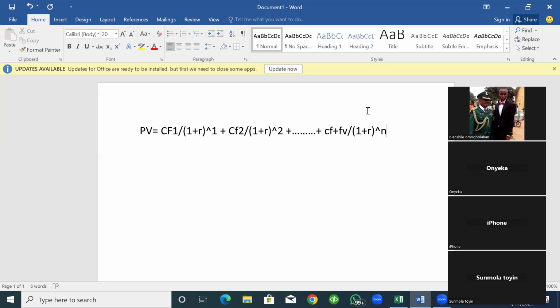Apollo PLC wants to issue a bond that is redeemable in 4 years for its par value or face value of 100 naira. This examiner is even very fair.